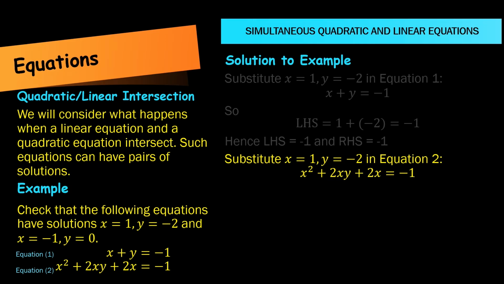Substitute x equals 1 and y equals minus 2 in equation 2. The left-hand side equals 1 squared plus 2 times 1 times minus 2 plus 2 times 1 to give us that the left-hand side is equal to minus 1.